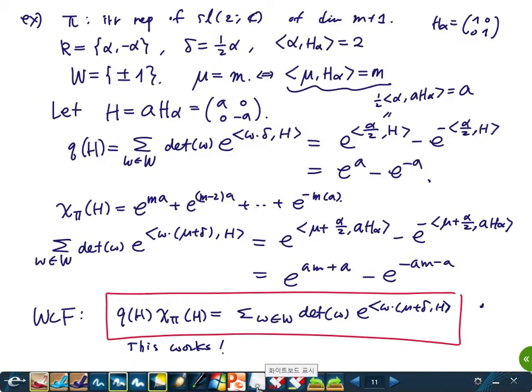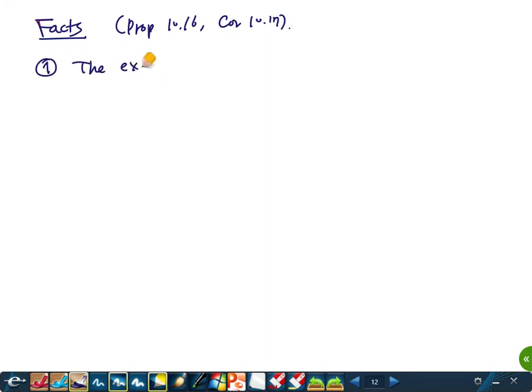Let me finish by telling you these 2 facts, written in proposition 10.16 and its corollary. So first, the exponential functions, where h gets sent to e to the lambda of h, for any choice of lambda.